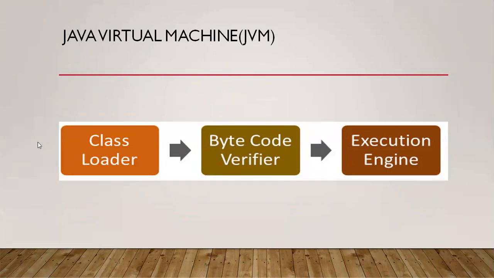Whenever we send bytecode to a JVM, there is a unit called the class loader. The class loader will first load the bytecode into the JVM machine. If there are any errors in that bytecode, it will automatically reject the total program.